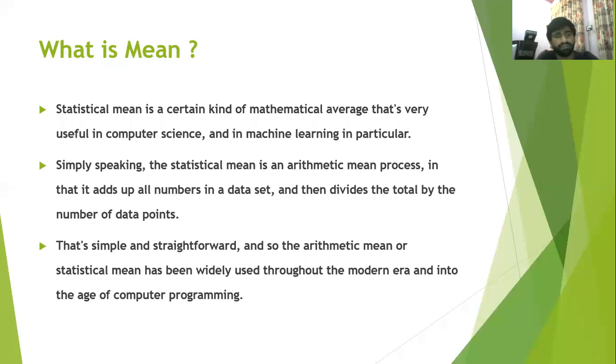Statistical mean is a certain kind of mathematical average. So mean is also like a range, it is related to it. With mean we find the mathematical average of similar values or other things, so we use it in computer science.